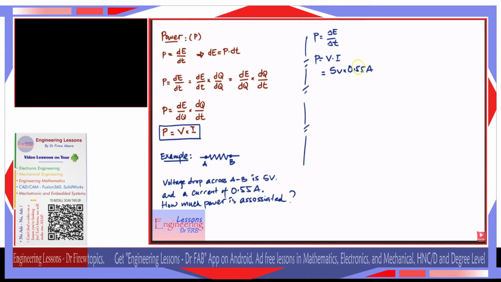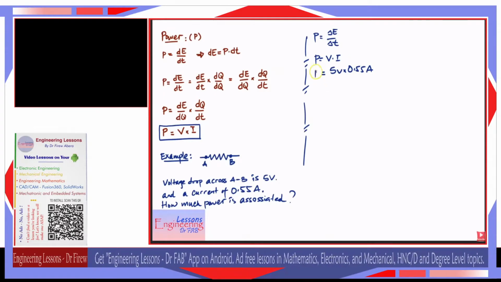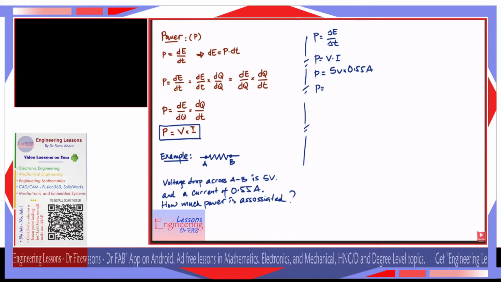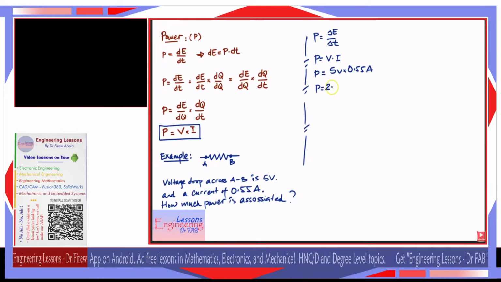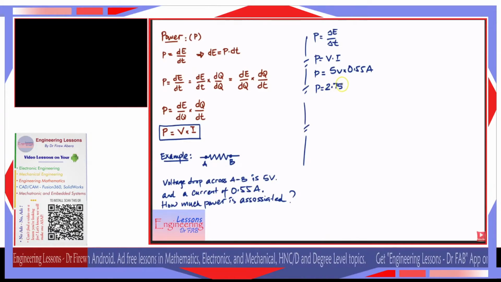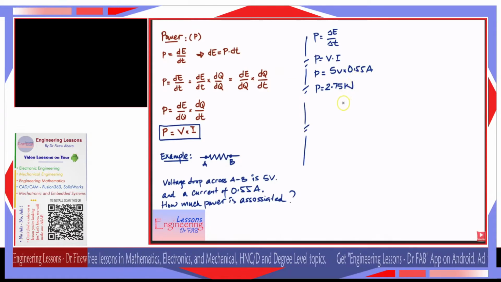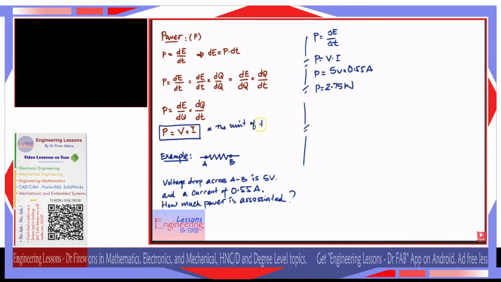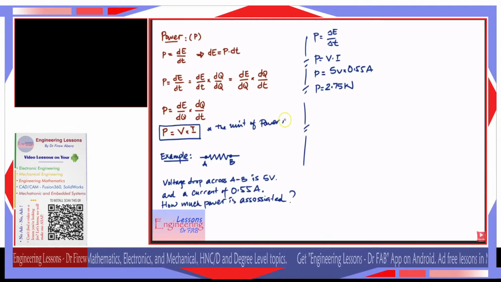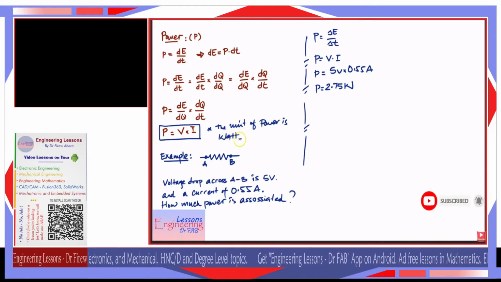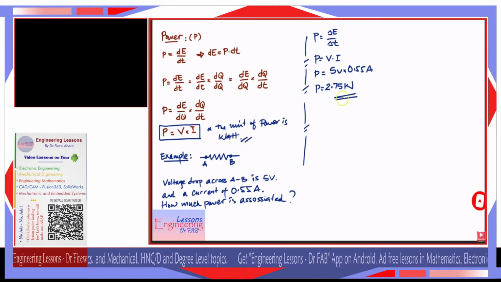Therefore, the power associated with this circuit element for these given variables is 2.75 watts. So the unit of power is watt.